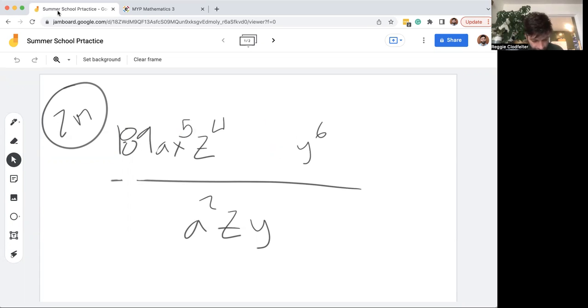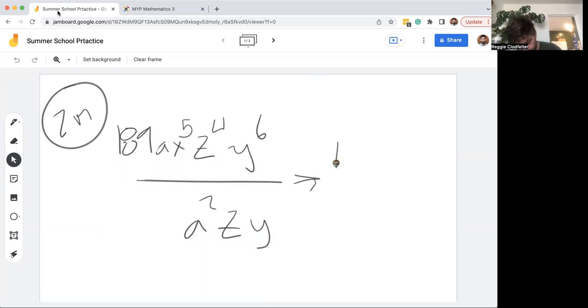And then I have a z to the 4th and a y to the 6th. Nothing I can do with them. Now, it's divided by a squared zy. So I can only apply this to my a, my z, and my y. So a, there's no exponent, so it's like a to the 1st, minus 2, so 1 minus 2 is -1.